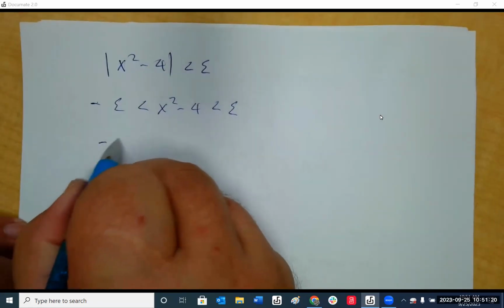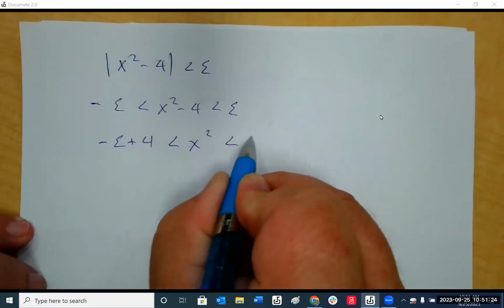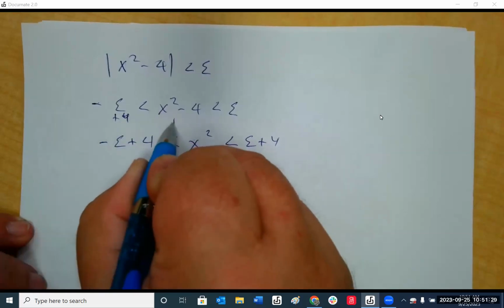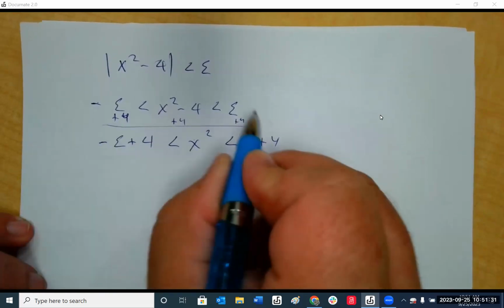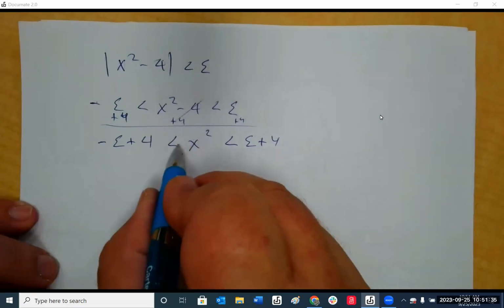So add 4 to all sides, and take the square root of everything.